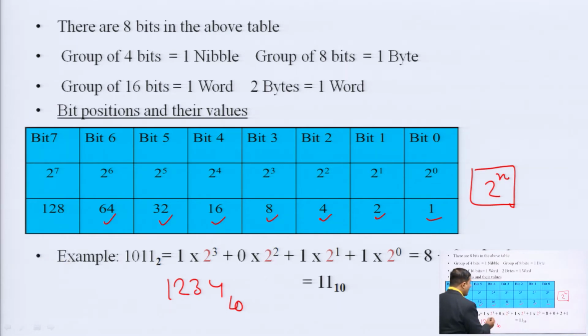So, total we are getting 8, then 0 into 2 to the power 2 means 0, then 1 into 2 to the power 1 means 2 and 1 into 2 to the power 0 means 1. So, total we are getting 11. So, this is nothing but the decimal representation of binary number 1011, clear.